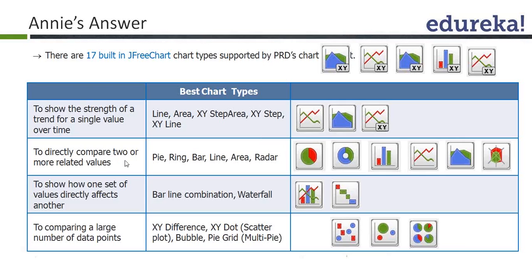Now the second type of chart pattern is if you want to directly compare, as we just saw in comparative analysis, 2 or more related values. So pie chart, ring chart, bar chart. Bar is most common, pie is another common one, area chart, radar chart.